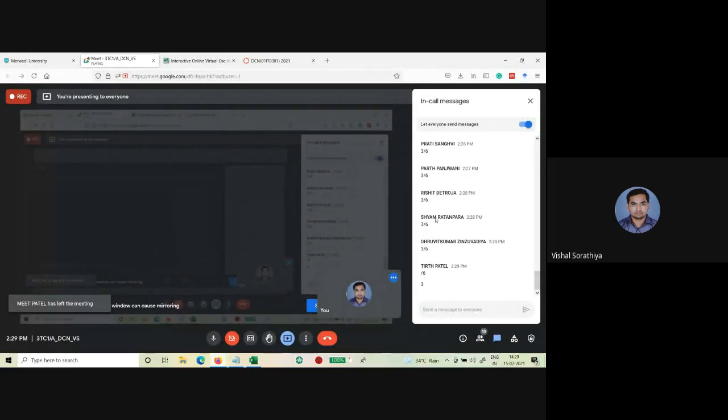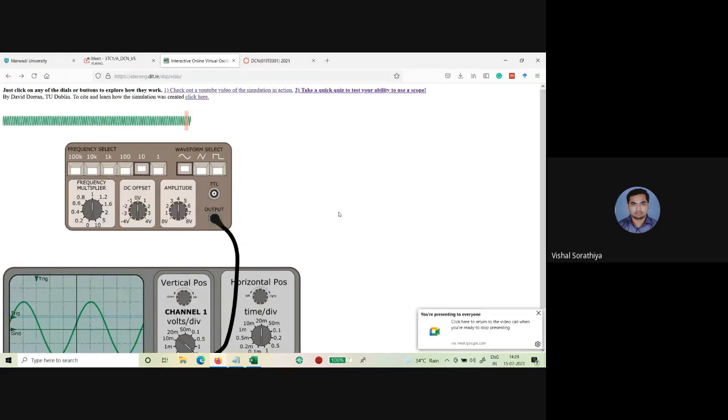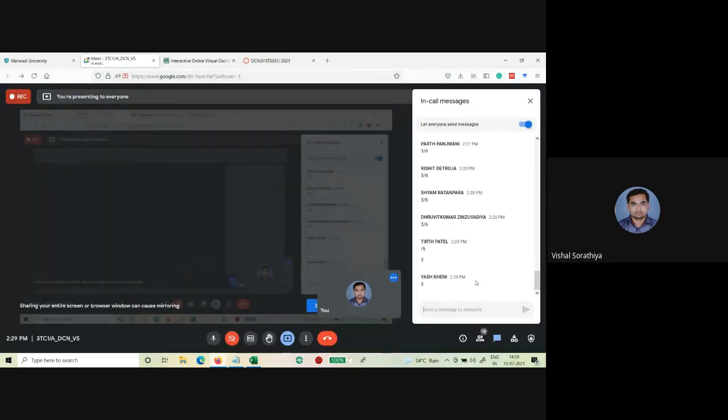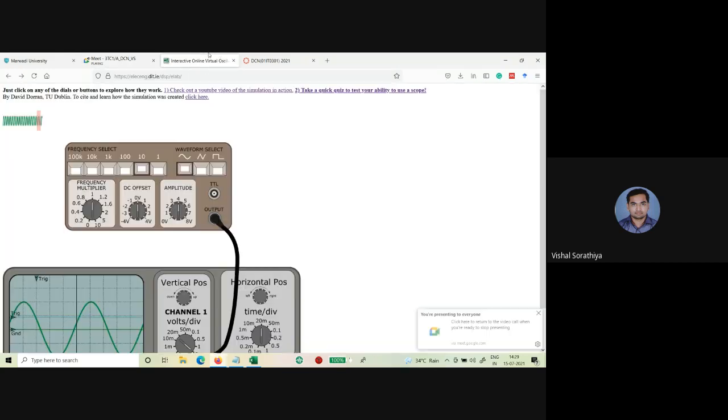Okay, Dhruvid Kumar Zinjuwadia. Dhruvid, open your mic and tell me what is the function of this frequency multiplier. Open your mic and tell me what is the functionality of this frequency multiplier.